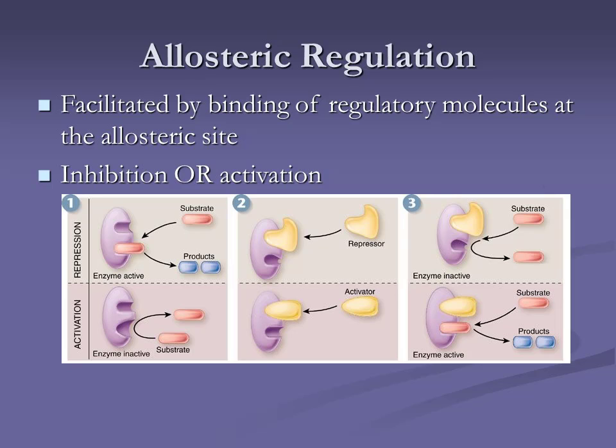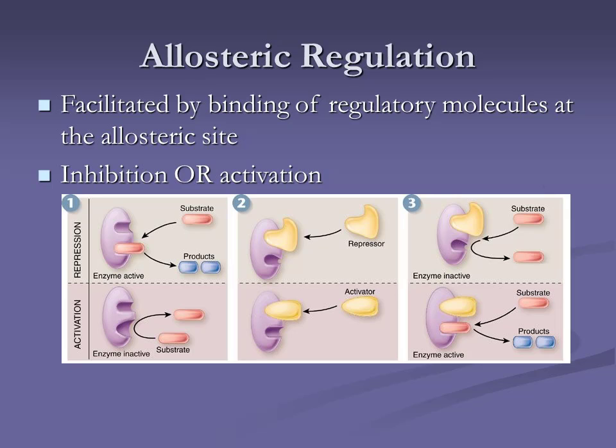So in our example here, this is our enzyme. The substrate comes in and binds to the active site. It gets processed through the induced fit. Products are formed and released. But you see this other slot above it? If we have an allosteric inhibitor, that means this molecule comes in and binds and turns the enzyme off.